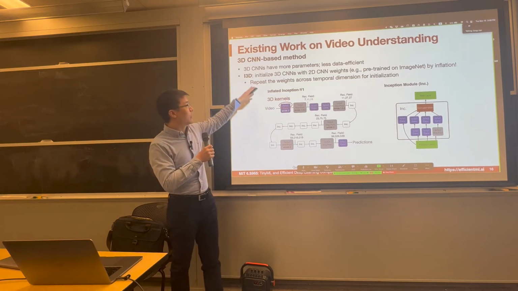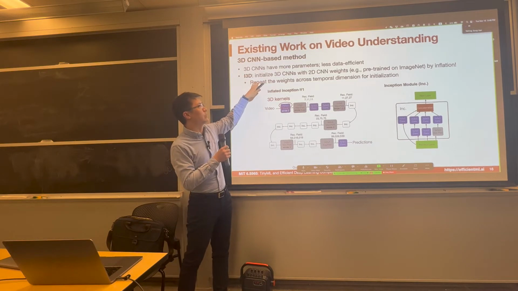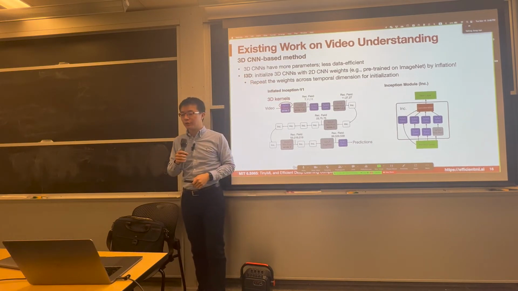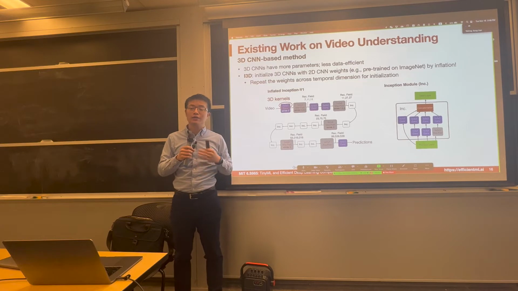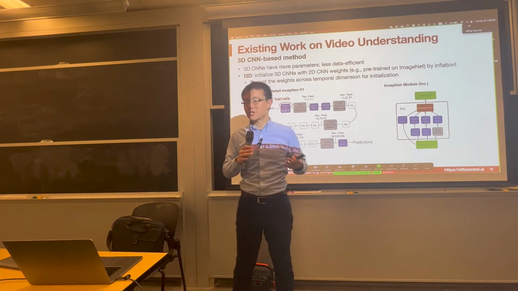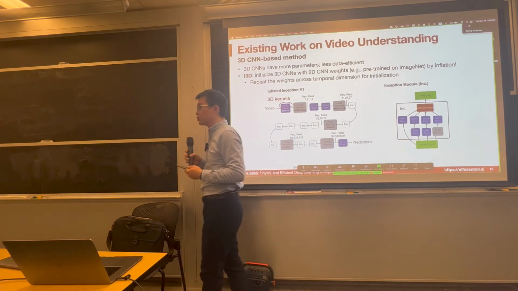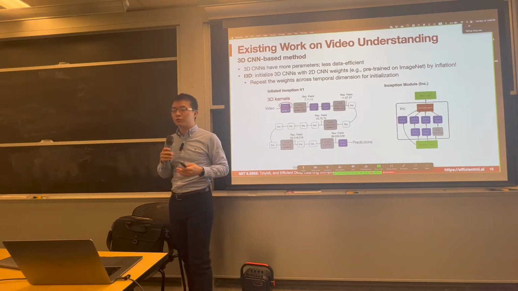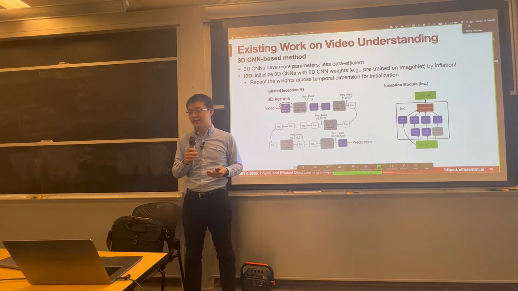On top of that, this I3D introduces another approach that can initialize those 3D kernels using the 2D kernel weights. The motivation is that ImageNet provides very good pre-trained models for 2D. But now we want to apply that to 3D.